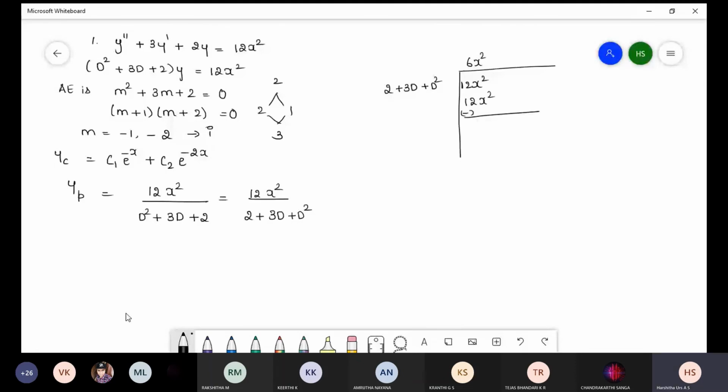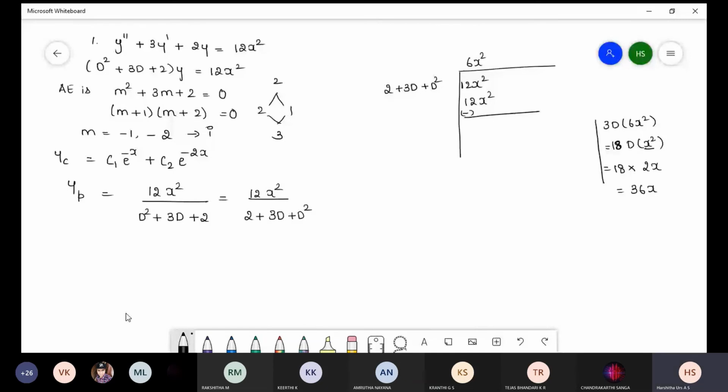Now 3d into 6x square: first 6 into 3, 18. D into x square we write as it is. What is the first differentiation of x square? 2x. So 18 into 2, we get 36x. So here I just write plus 36x.